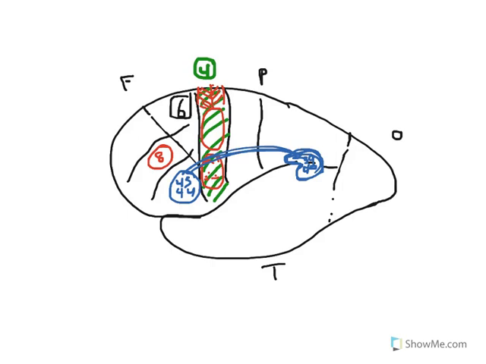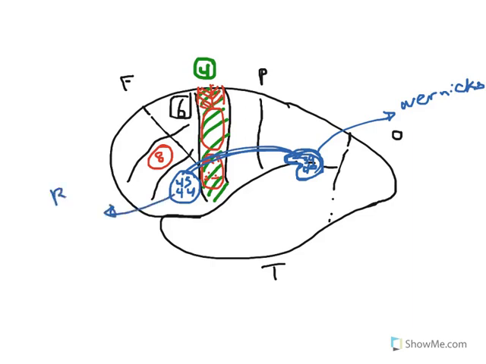A lesion of this area, Broca's area, produces a phenomenon called non-fluent aphasia or motor aphasia. Contrary to this, the area of Wernicke, if lesioned, the patient has fluent aphasia or sensory aphasia or receptive aphasia.